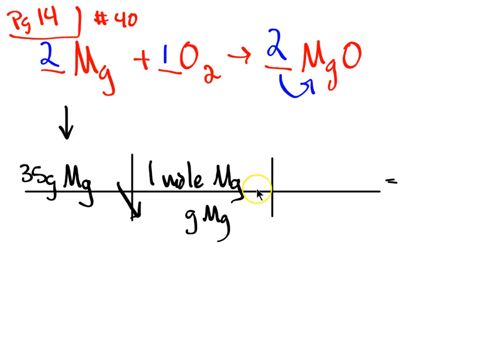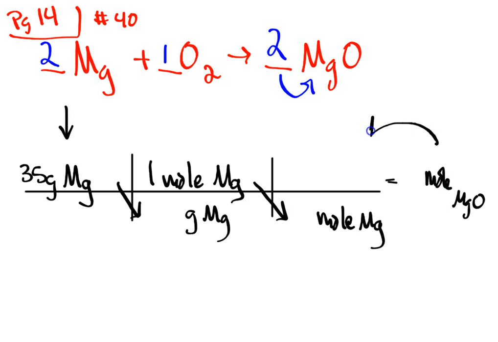All right, now if this is moles Mg, what do I need down here? Mole of Mg. Okay, then I'm stuck, so I go to the end, and I'm solving for mole of MgO, correct? And I know that unit must come here, mole MgO.